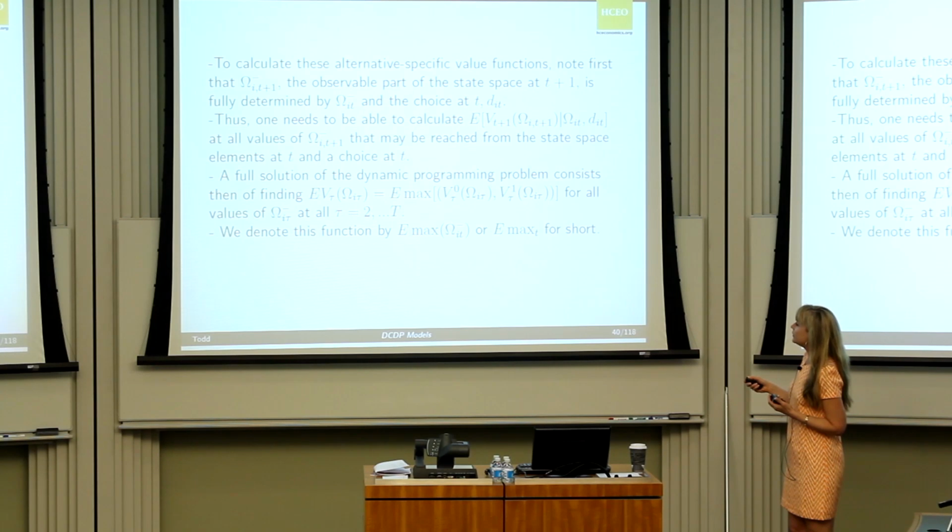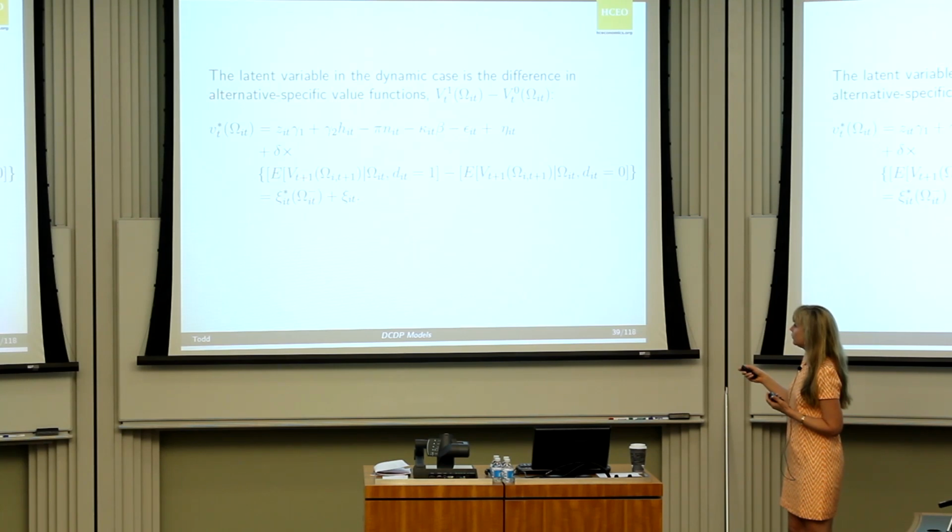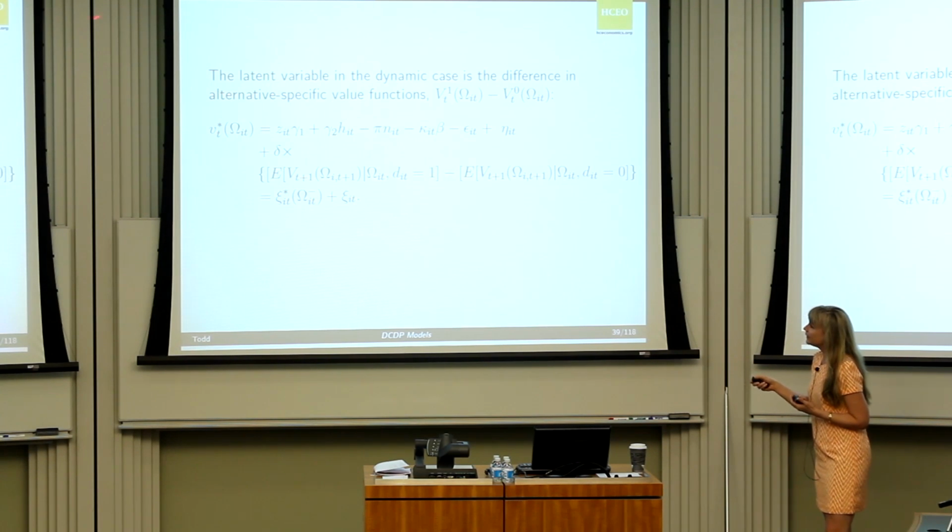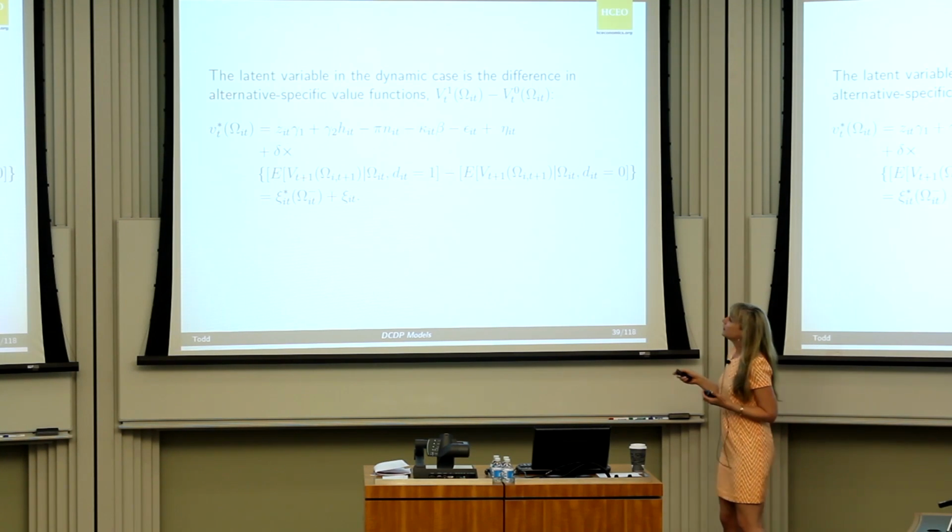So the full solution to the dynamic programming problem: in order to write down the likelihood, remember, the likelihood is going to be a function of these cutoff values. And in order to get these cutoff values, we need to have these expectations, and those are called Emaxes in this literature.